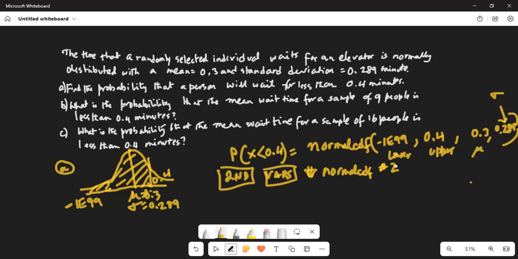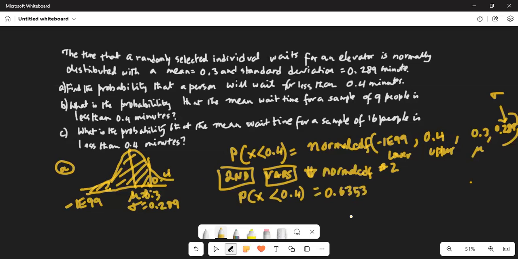Then I go down to Paste. When I'm on Paste, I have to hit enter twice. And the answer for P(x less than 0.4) is equal to 0.6353. Okay, so that's for part A.